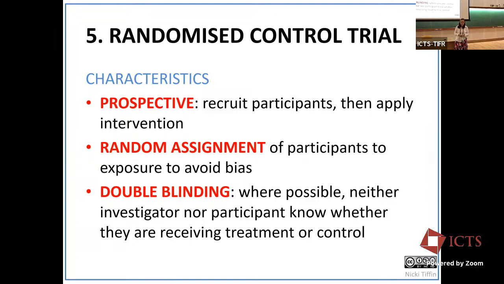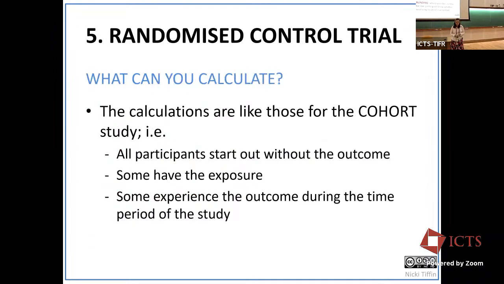And then double blinding where possible. It's not always possible, but where possible, neither the investigator nor the participant actually knows whether they're receiving the real treatment or intervention or whether they are receiving a placebo. And this helps to remove bias, placebo effect, these kinds of things.